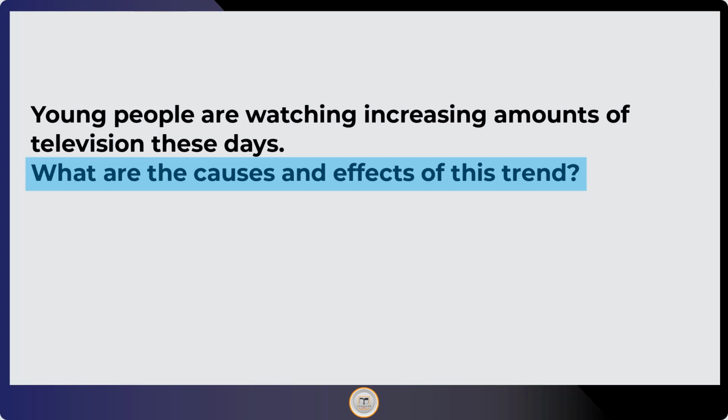And this would, in this instance, involve declaring at least one cause and at least one effect in the introduction paragraph, and then showing these to be fact in the supporting paragraphs by bringing up examples that illustrate and demonstrate how the causes and the effects that you're declaring in your introduction are in fact reality, and the reader should agree that they are plausible causes and effects of the trend.